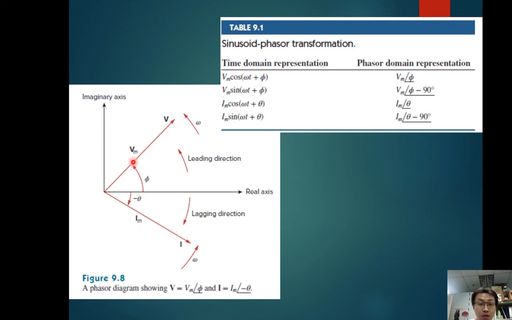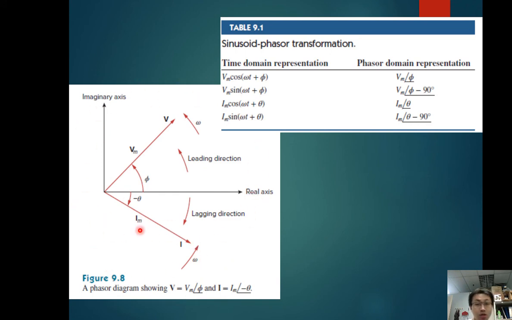And then it is a positive angle, so we need to draw like this. And then we need to assume all the rotational angles go anticlockwise. Then I know that my I is actually in the negative plane. So I found that my I is here. The length of the I is Im. Then it is at negative theta.